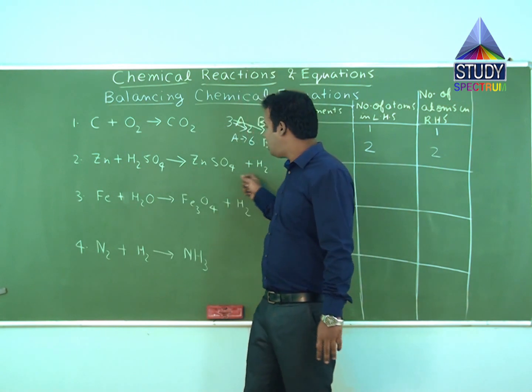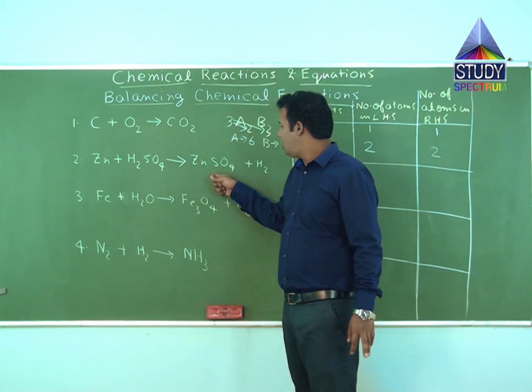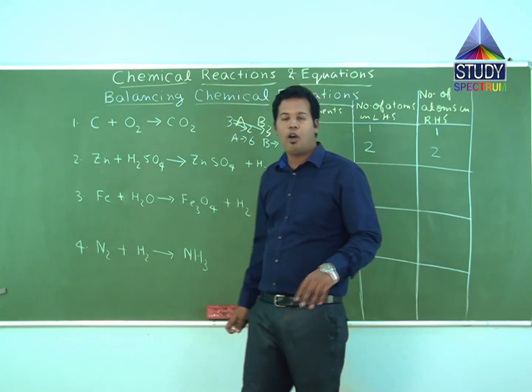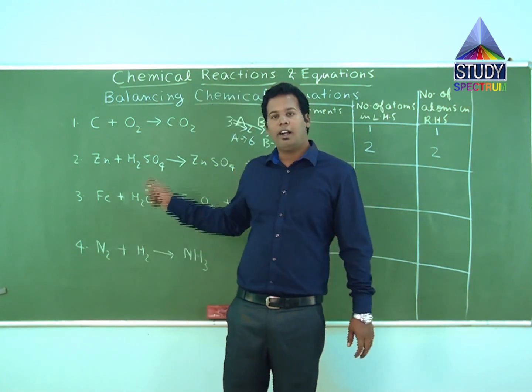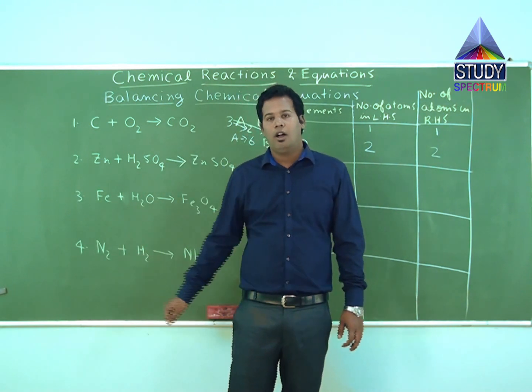If we talk about RHS, we can see one element as zinc, second as sulfur, third as oxygen, and fourth as hydrogen. It means the number of elements participating in this reaction is 4, and that is the number in LHS also, and that is the number in RHS also.